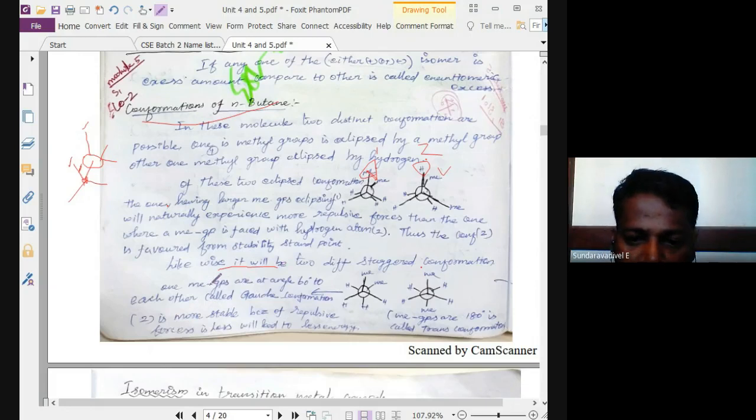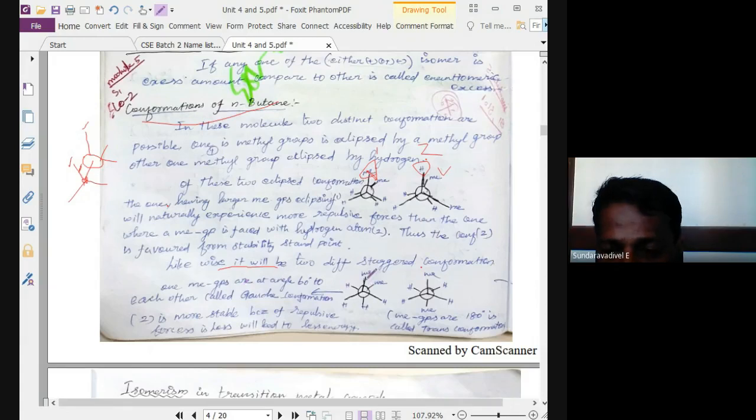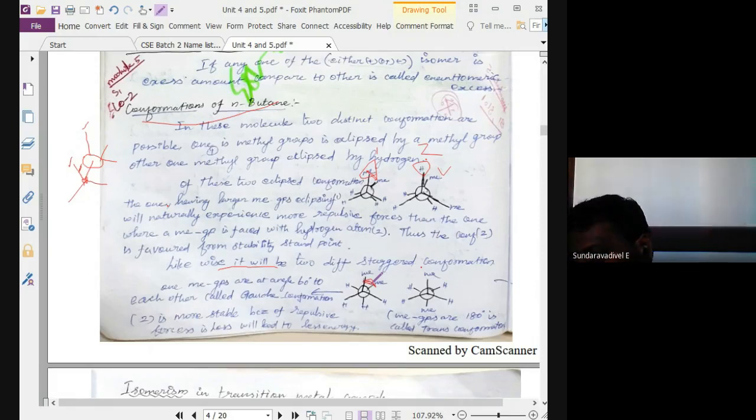Here one methyl group is at a 60 degree angle to the other. That is called the gauche conformation. In between, one more conformation will be there, where the methyl group is at 60 degree separation from the backside methyl group. That conformation is called the gauche conformation.